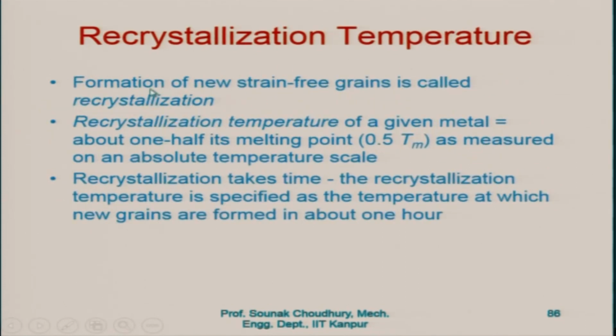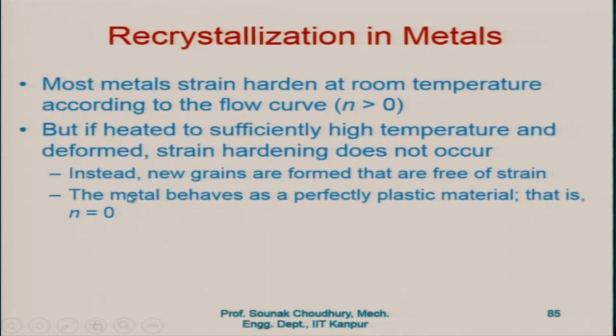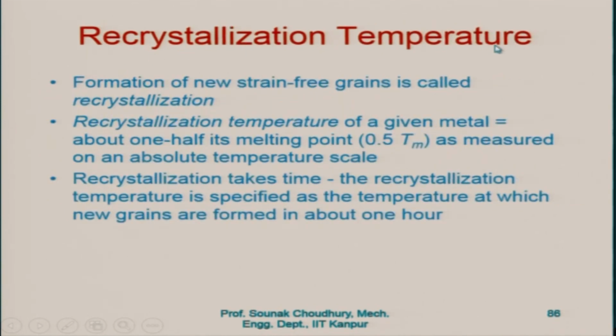Recrystallization temperature: the formation of new strain free grains is called recrystallization, meaning that the new grains free of strain are formed when the metal is heated at a sufficiently high temperature, at a temperature more than the recrystallization temperature. That is what we said earlier. So, this is the recrystallization temperature.